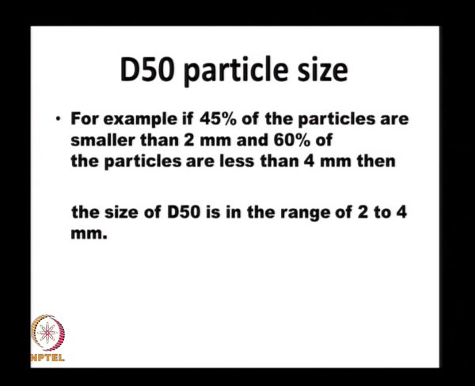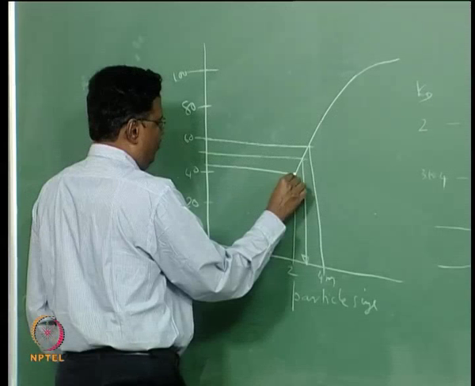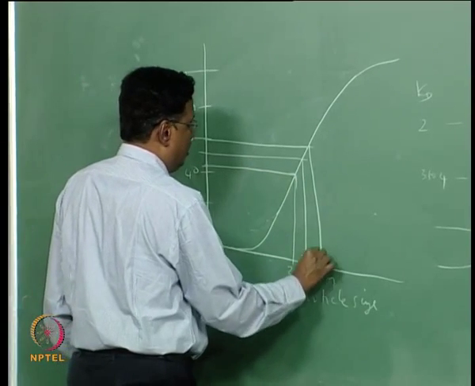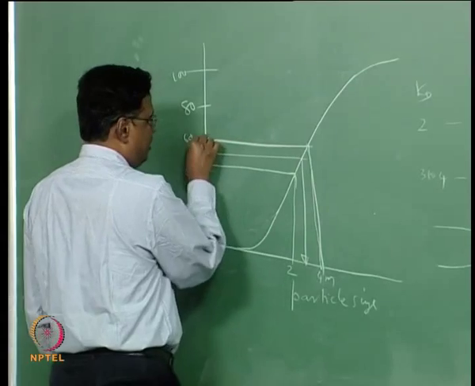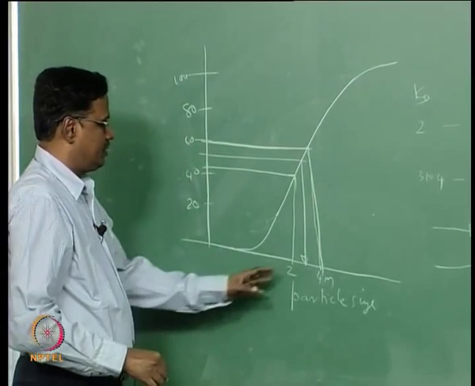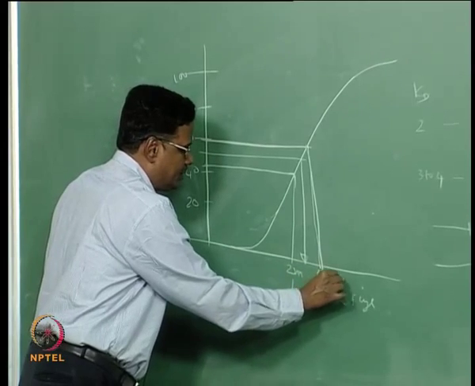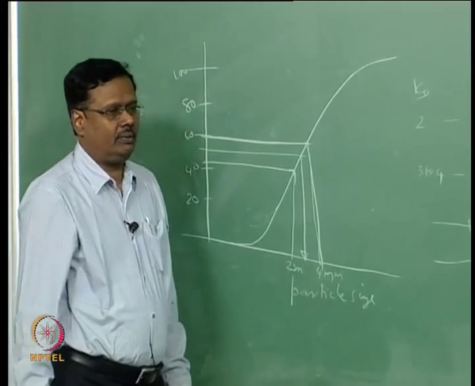Here 45% is 2 mm and 60% is 4 mm. This is based on one sieve analysis, because for 2 mm particle size they have found out the percentage passing, and for this 4 mm they found out the percentage passing. They say that this D50 size is between 2 and 4 mm.